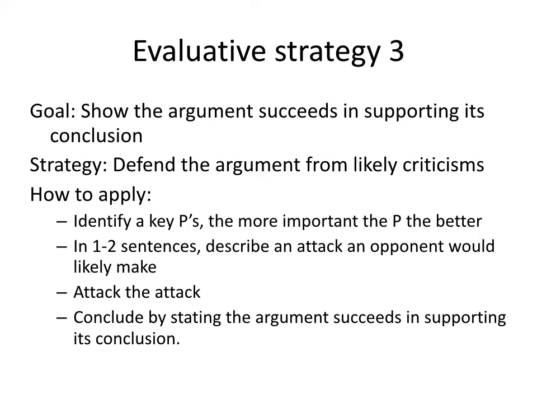You want to look for a very strong attack and ideally a very common attack. And then you attack the opponent's attack and show your reader why that attack, which is very strong, very focused on a key premise, still does not undermine the argument. You conclude by stating that the argument succeeds in supporting its conclusion.